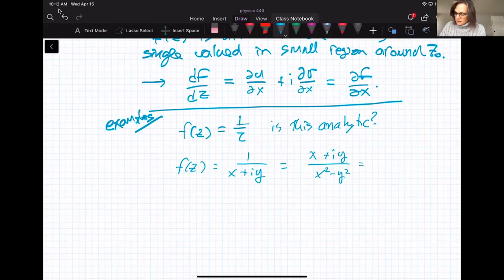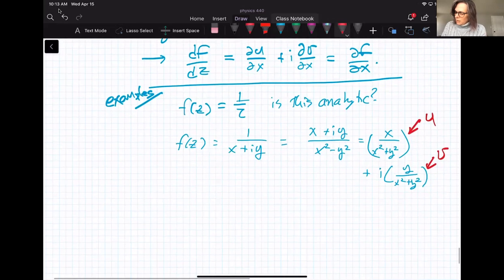So this is equal to x over x squared plus y squared plus i times negative y over x squared plus y squared. In other words, this is u and this is v.